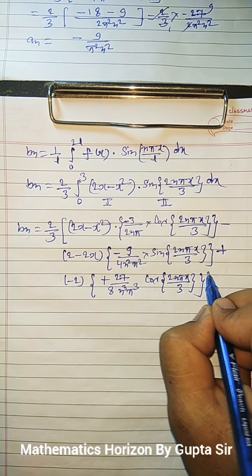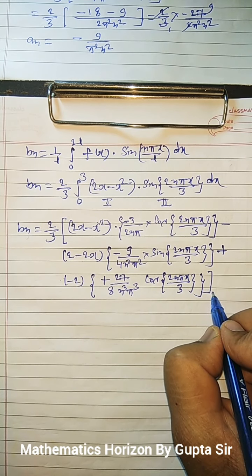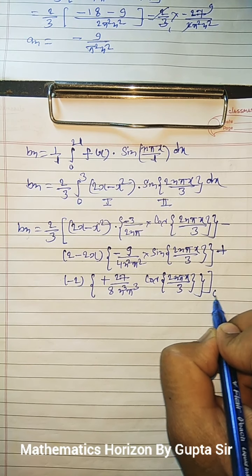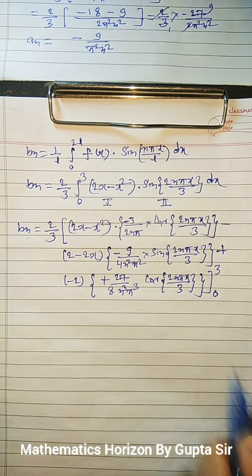And we close this integration, and this is the final square bracket, and limit is 0 to 3.